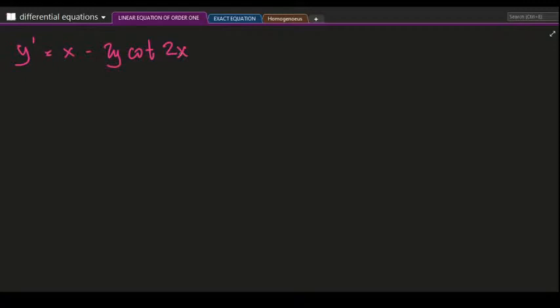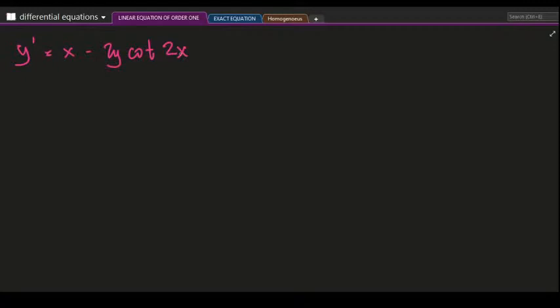Okay, so going back to this question, y prime is equal to x minus 2y cotangent 2x. By just looking at this, we know what identities we are going to use. Cotangent x is the reciprocal of tangent, and tangent is equal to sine x over cosine x.